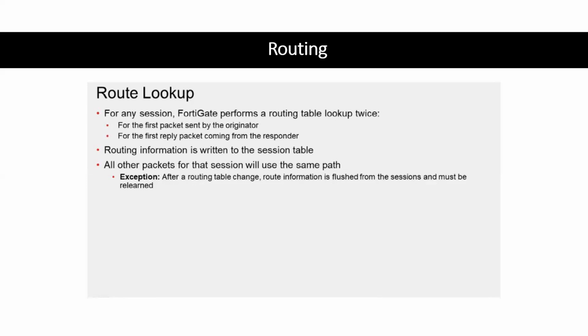What does this mean? It means the FortiGate is stateful. It's going to track every session state that flows through the firewall. But before it decides to initiate that session, it's going to do two things. It's going to do a route lookup first, taking a look at the first packet that flows in, sent by the source.